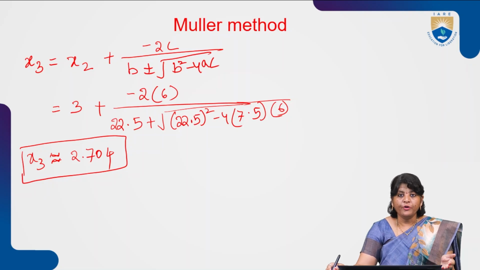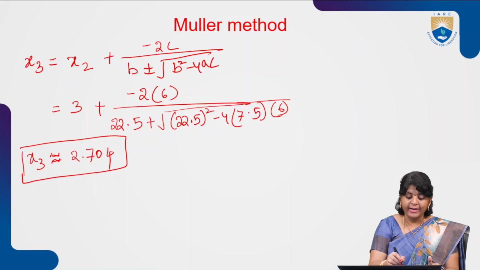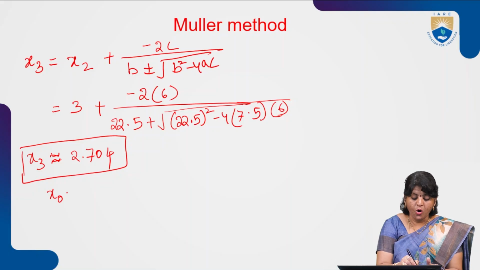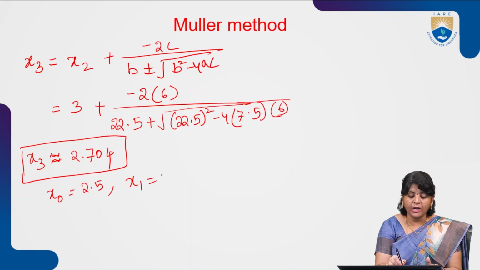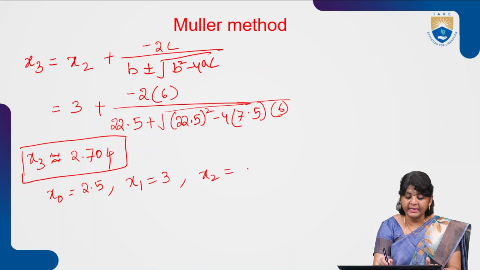Now you need to move on to the second iteration, where all the values need to be found. For the values, x0 will now be 2.5, x1 will now be 3, and x2 will now be 2.704.